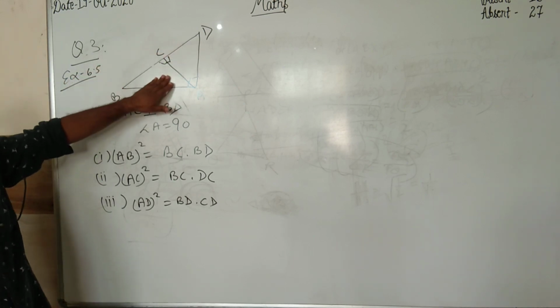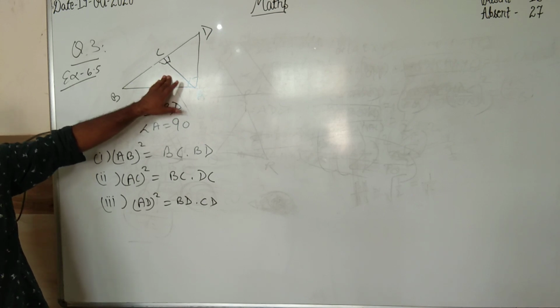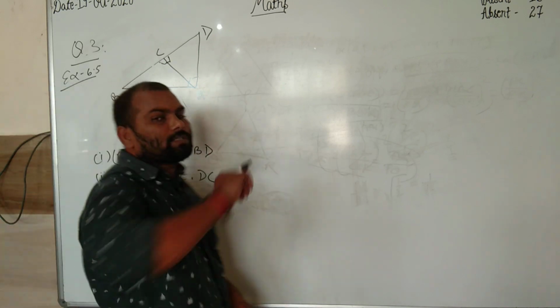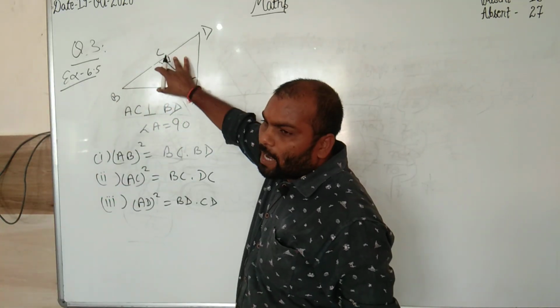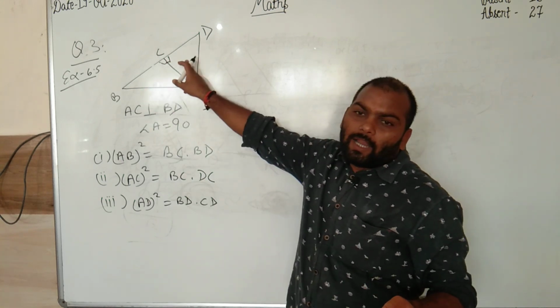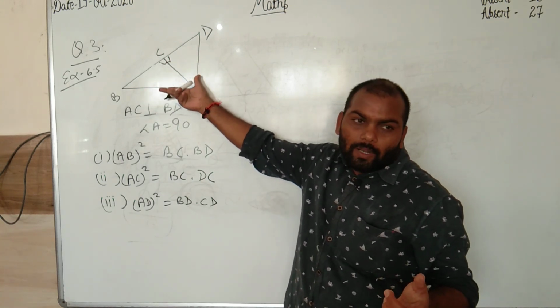Okay, so we have proved that in a right angle triangle, a perpendicular drawn from the vertex to the hypotenuse divides it into two triangles which are similar to each other and similar to the bigger one.